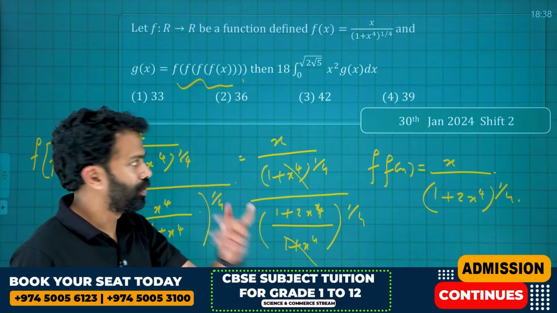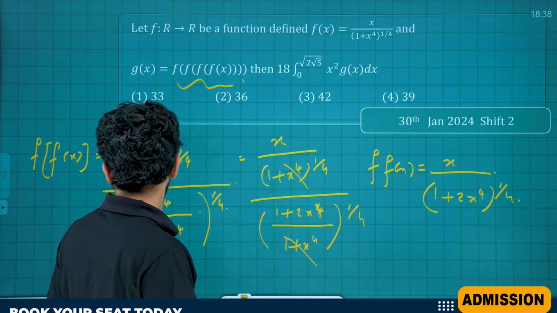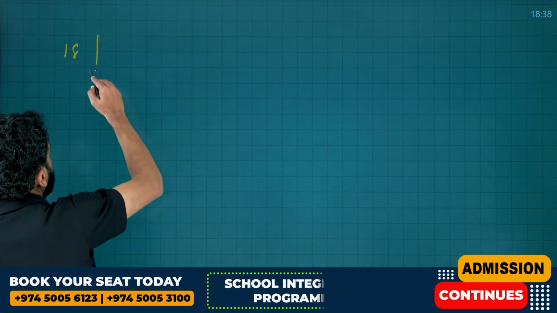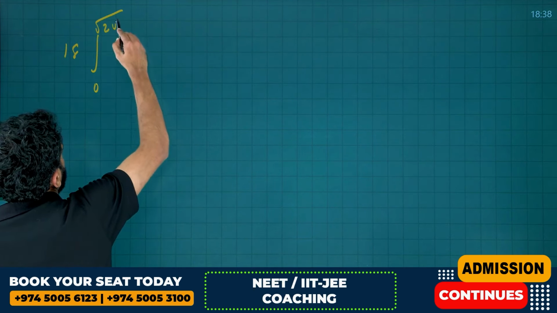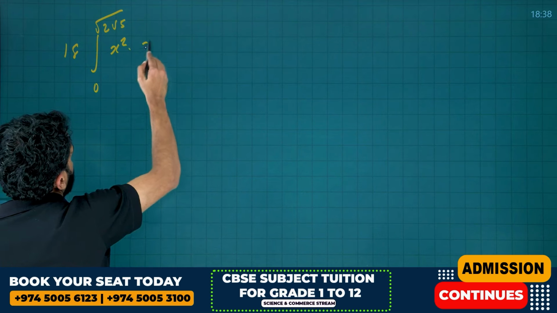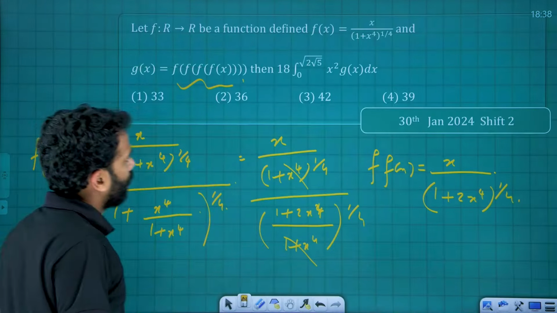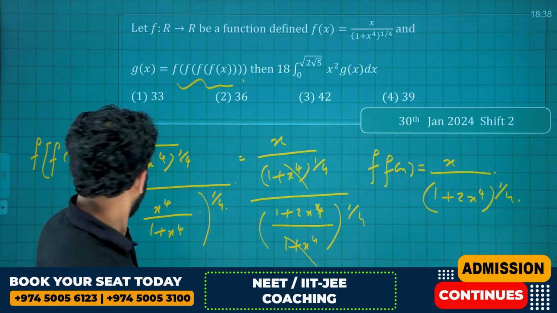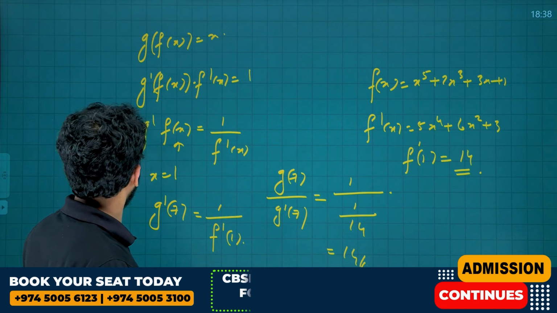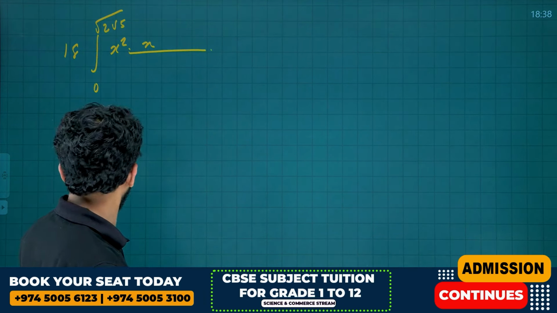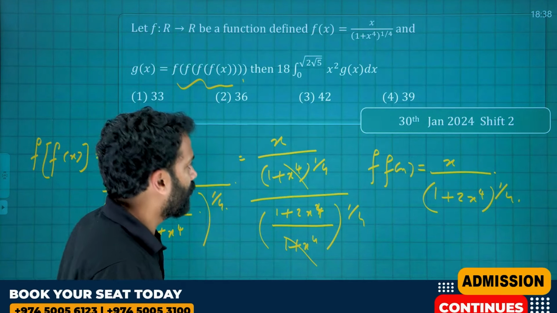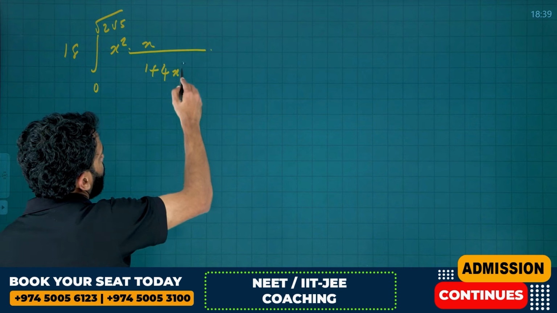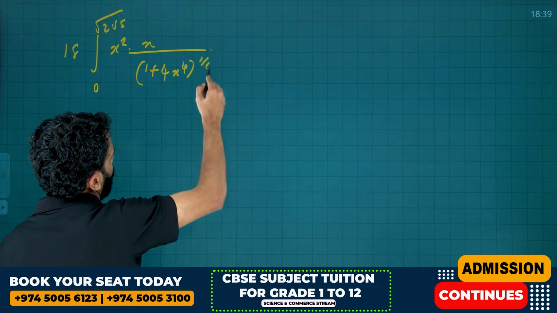Okay. Let's solve. It will be 18 times the integral from 0 to root of 2 root 5 of x square into x divided by (1 plus 4x raised to 4) the whole raised to 1 by 4.